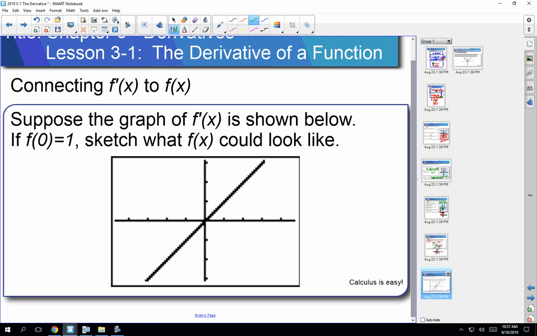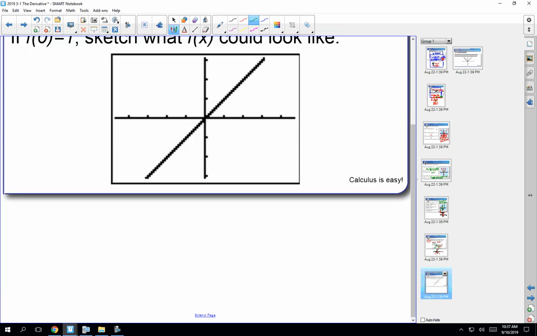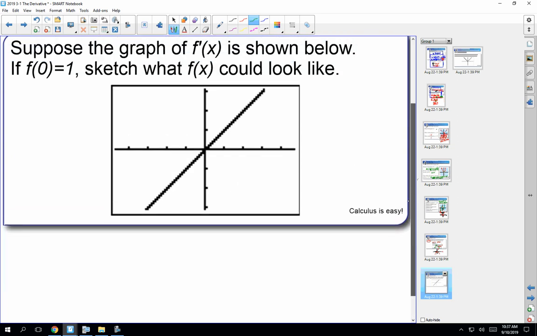I can tell by looking at the slope and where it goes through the y-intercept that it's y equals x. So this is the graph of f prime, and suppose we are going to sketch what f of x could look like.